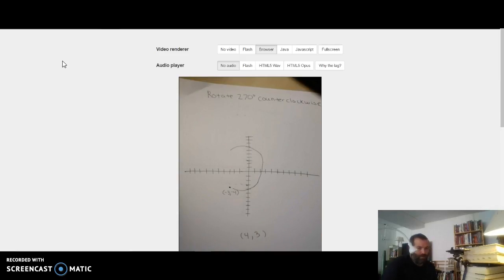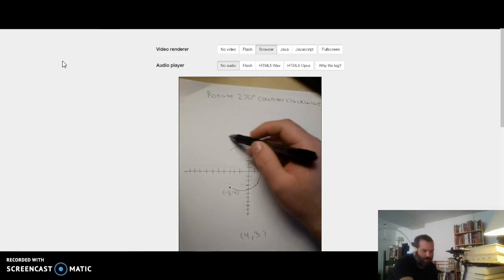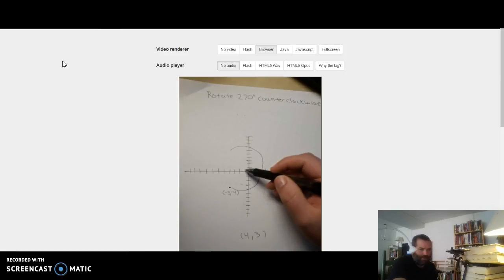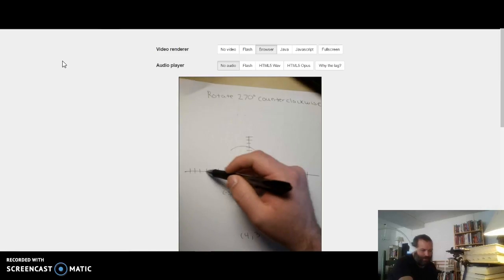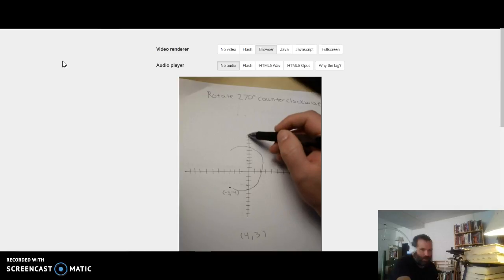But we're not done. Now we need to ask ourselves, where are the negative signs? And here's how you figure that out. Look at the quadrant that the point will end up in. In this quadrant, we know that the x's are negative and the y's are positive.